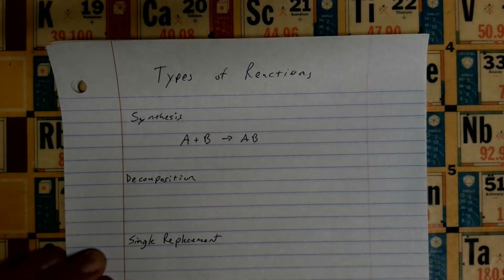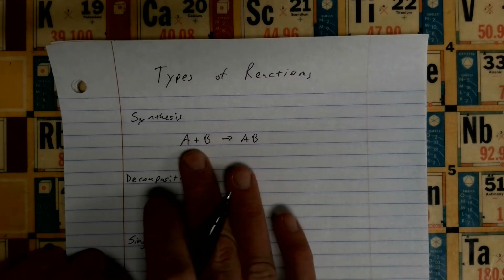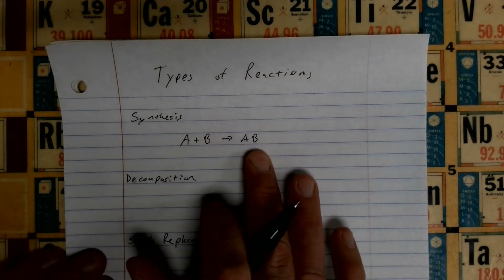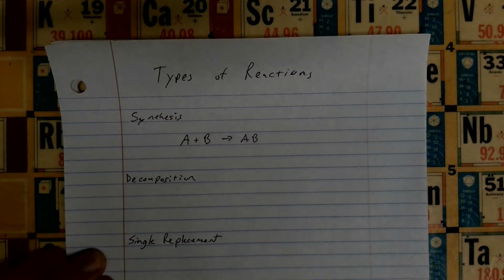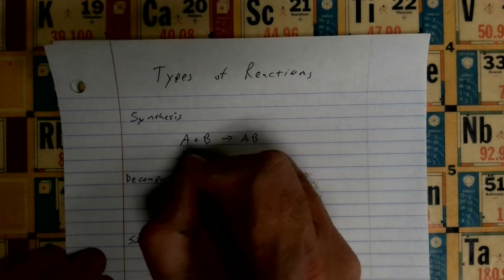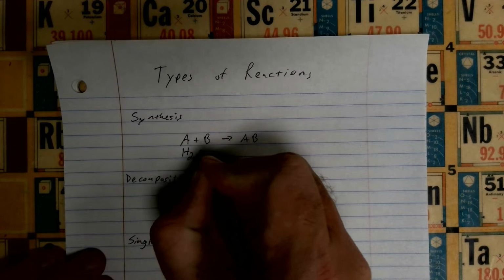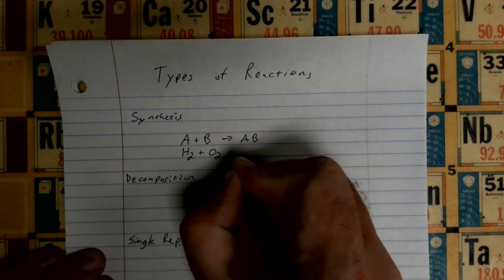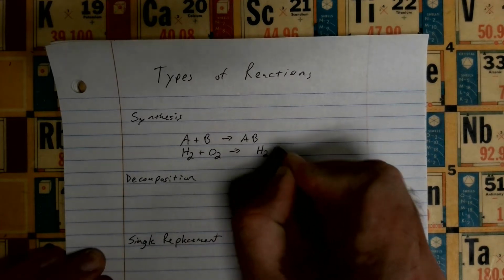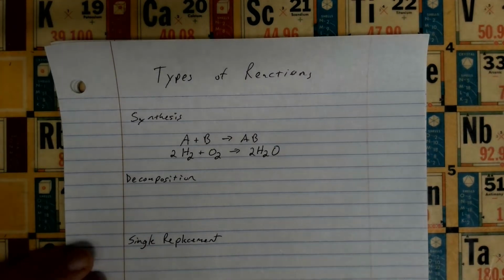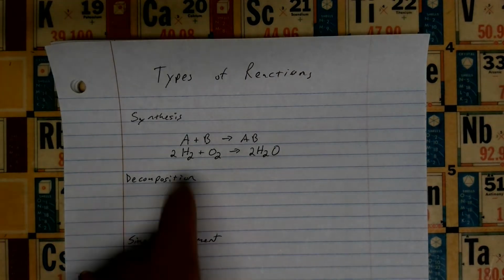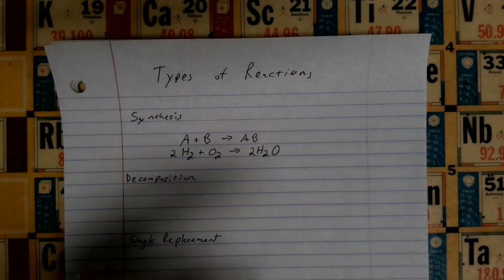So it's where two elements usually form one compound, or it could be 3 elements form one compound, but that is the general form. An example would be water, and then if I balance it, that would be an example where you have hydrogen plus oxygen yielding water.